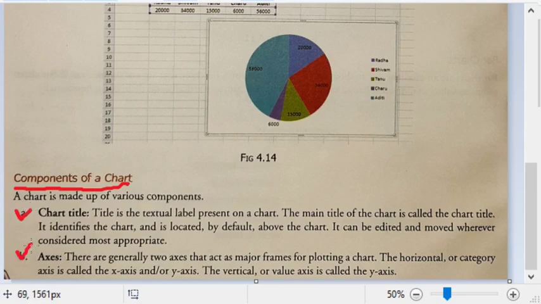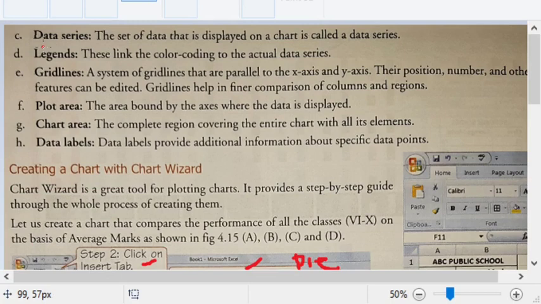So you will write the components of the chart as well as explain them. The explanation is given here. So you write the chart title, axis. Remaining components are given on page number 35, like the data series, legend, grid lines, plot area, chart area, data labels.